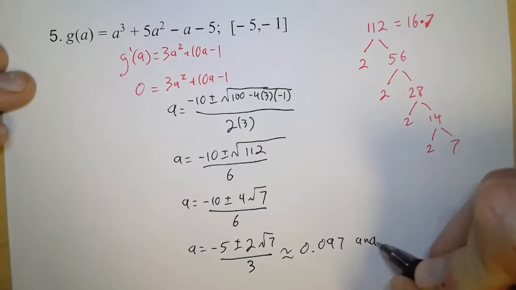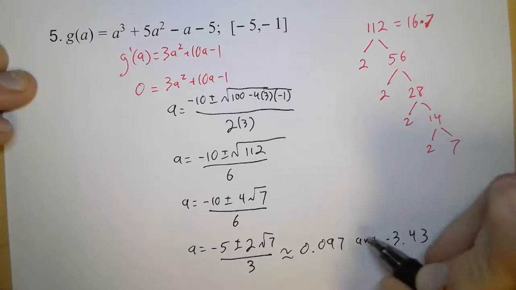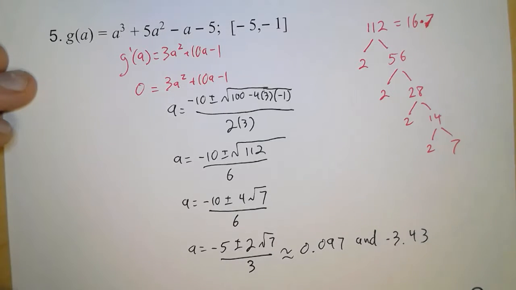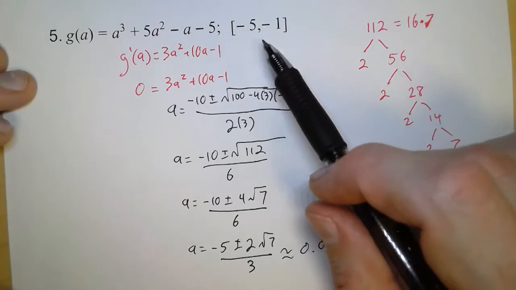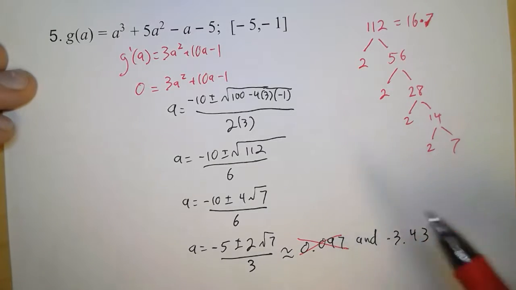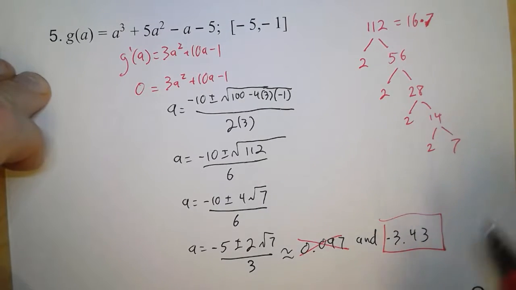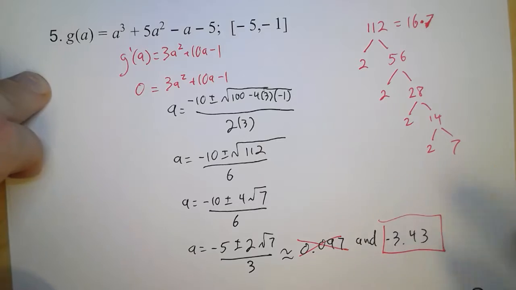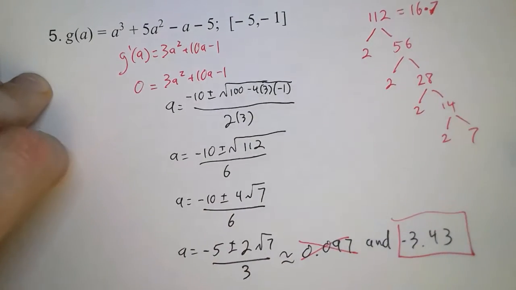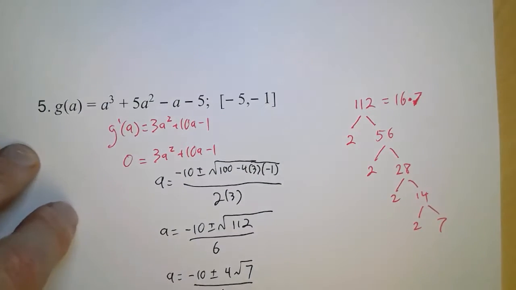And if I subtract, I get -3.43. Rolle's theorem and the mean value theorem only concern the values that are within the interval. So we don't count the values outside of the interval in question. We only focus on the values within the interval. So -3.43 would be the only answer, or -5 minus 2 radical 7 over 3 if you're writing it exactly.